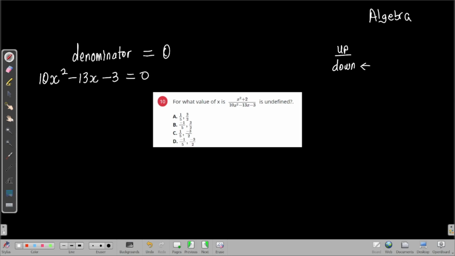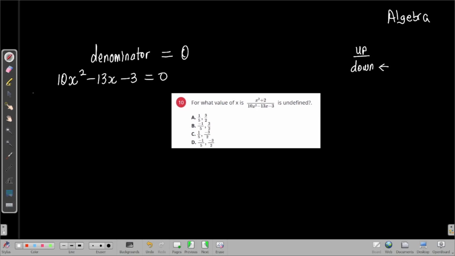So now we're going to factorize. Think of two numbers that when you add them, will give you minus 13x, and when you multiply, will give you minus 30x squared. I've already thought of those two numbers.